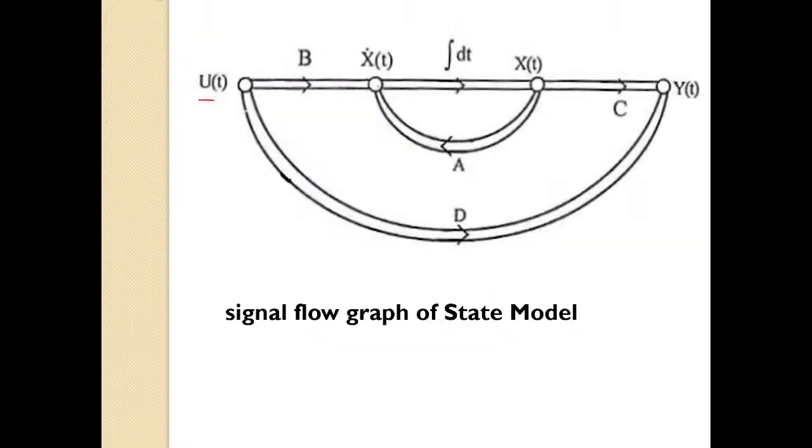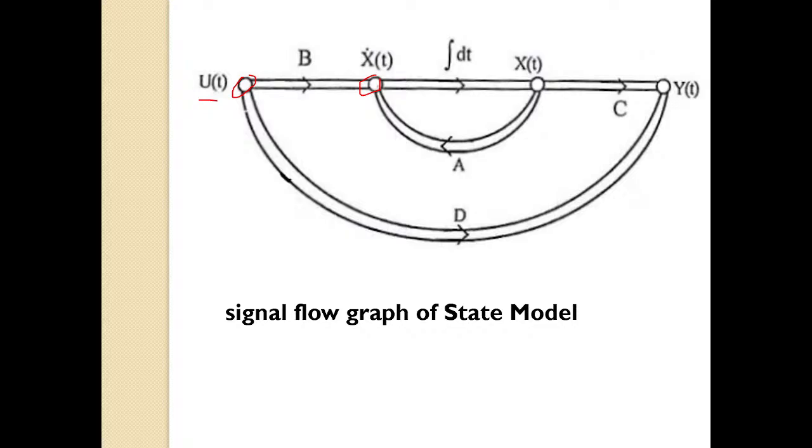This is our input u of t, this is x dot of t, x of t, and this is y of t. So u of t into b plus a into x of t is equal to x dot of t.